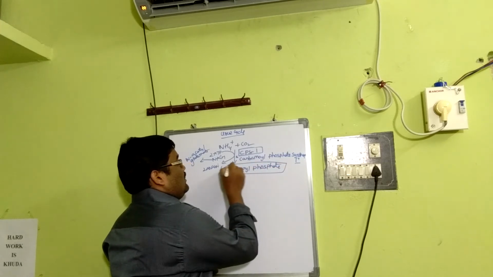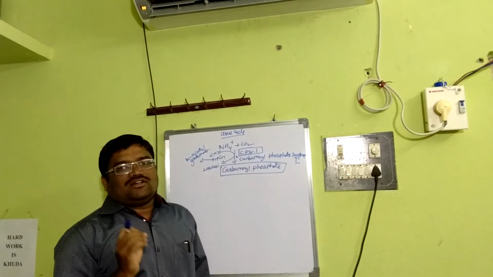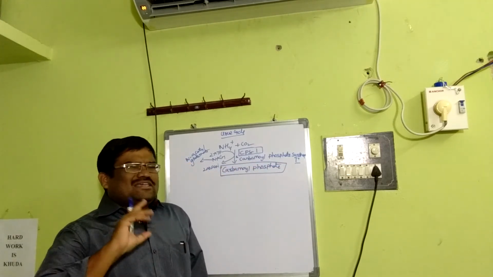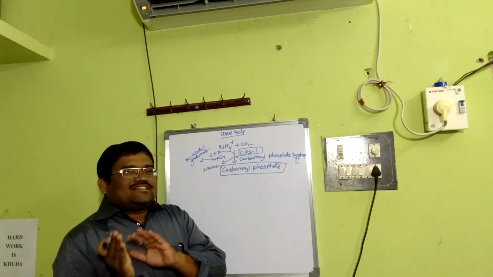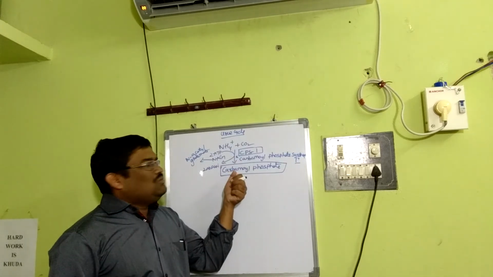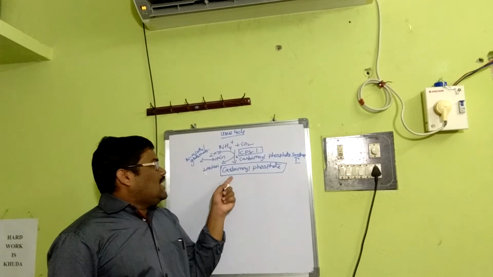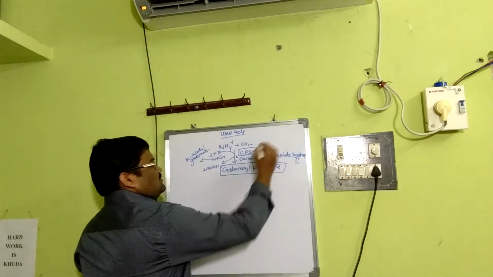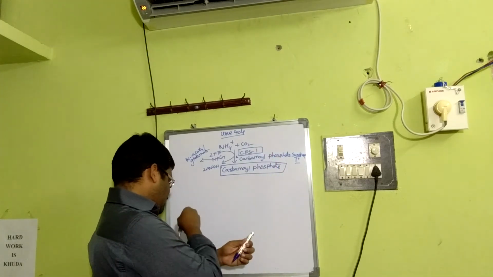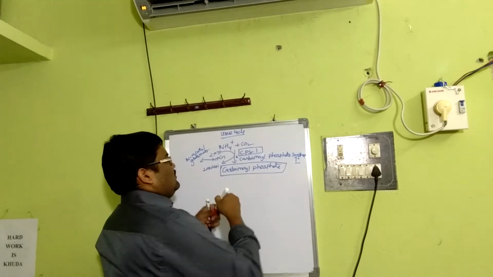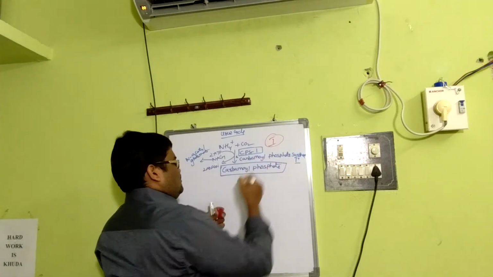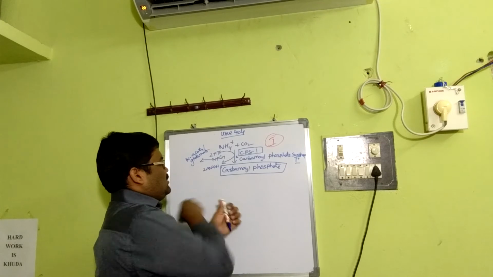Carbamoyl phosphate. This is very important. Just imagine, for convenience of understanding, it is like acetyl coenzyme A in the Krebs cycle; you can correlate for understanding. This carbamoyl phosphate is the first reaction.